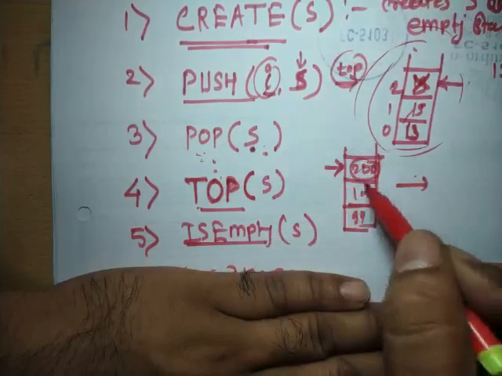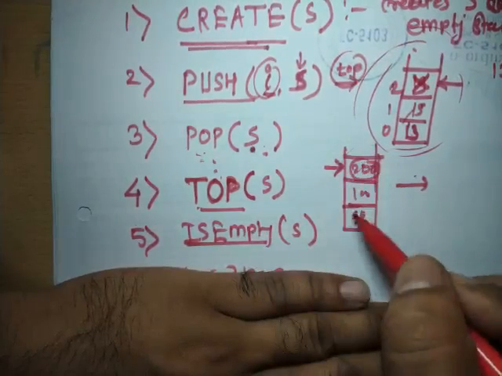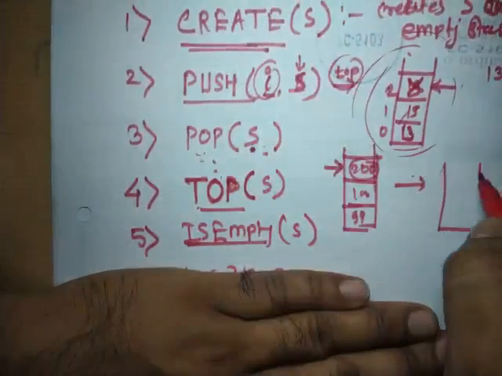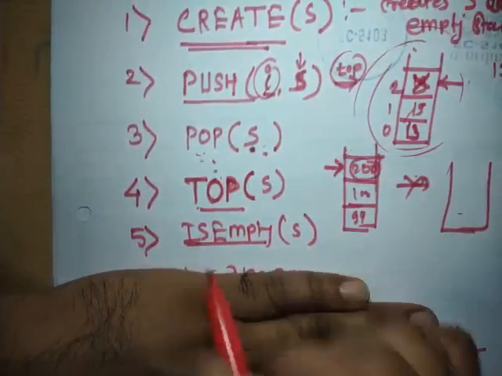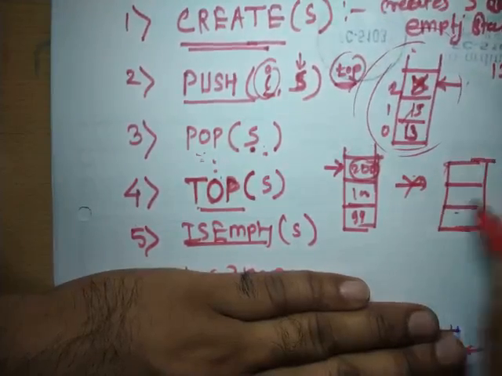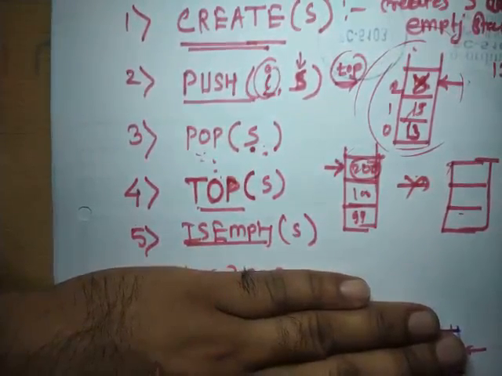It will return false, saying it is not empty. But suppose we just create a stack and pass it to the isEmpty function. It will say yes, it is empty, true. So this is basically a Boolean function. It returns either true or false.